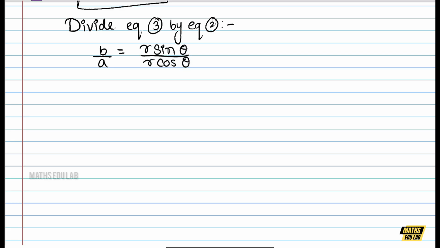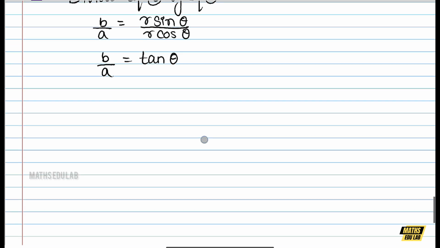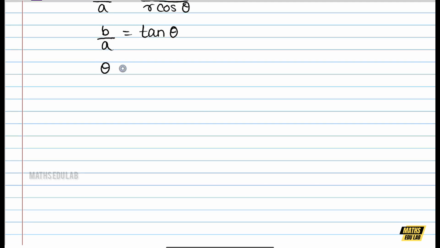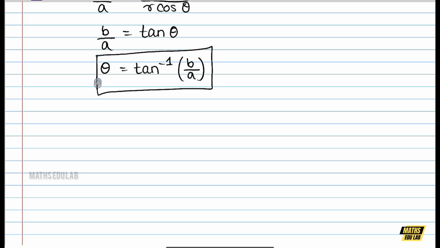Now on cancelling the terms, the remaining will be b by a is equal to tan theta. And if you see here, the theta value will be tan inverse b by a. So this is the value for theta.